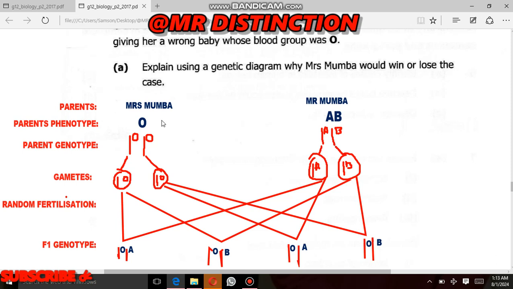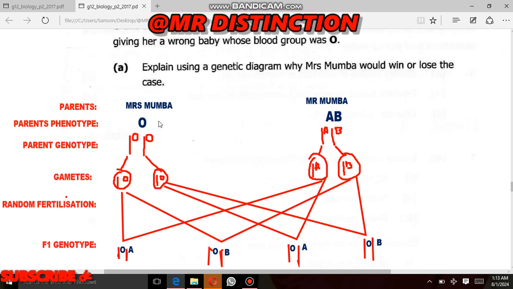What is the question? Question A. Explain using a genetic diagram why Mrs. Mumba would win or lose the case. So we have been told to explain, but this explanation is not by writing, but by using a genetic diagram to show if Mrs. Mumba would win or lose this case.